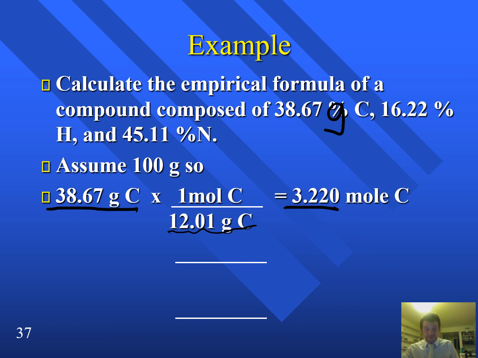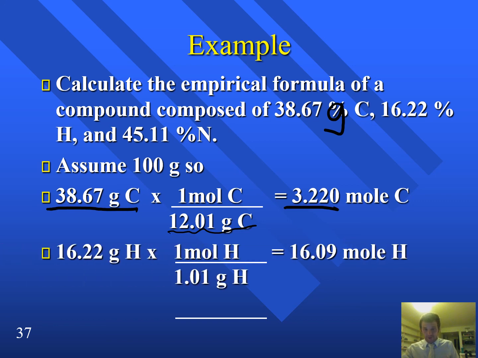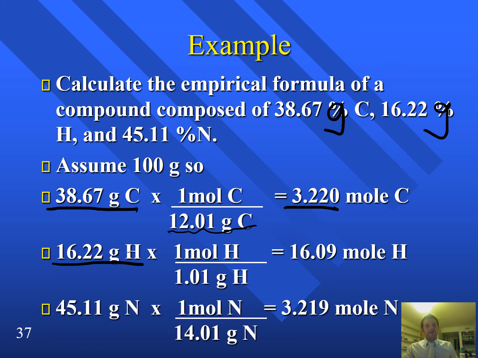And I'm going to do the same exact thing with the other 2 elements. 16.22 grams of hydrogen. I just switched the percentage to a gram sign, and I divide it by the number off the periodic table. And then lastly, 45.11 grams of nitrogen, and I'm going to switch it over to moles. And then now we're going to divide everything.